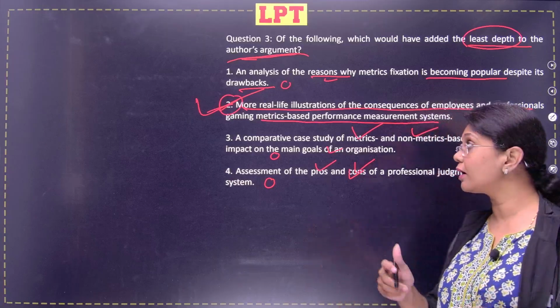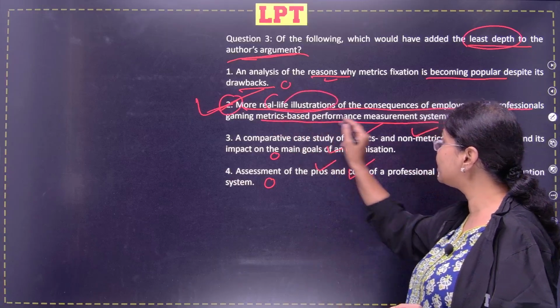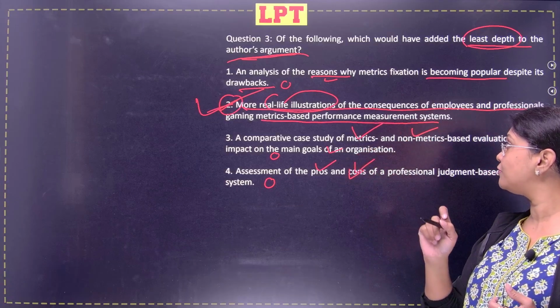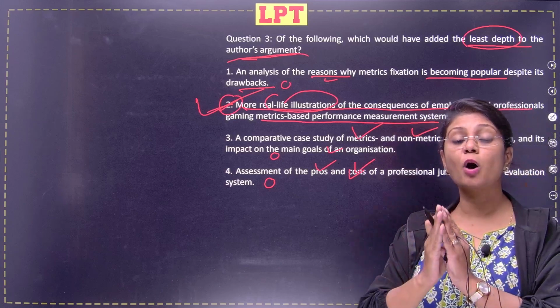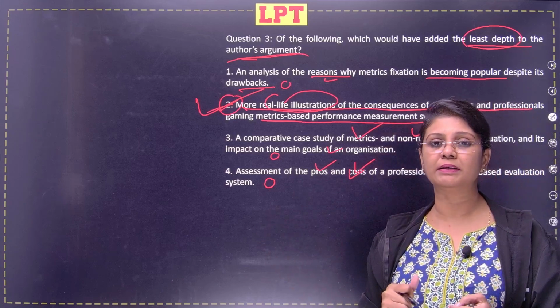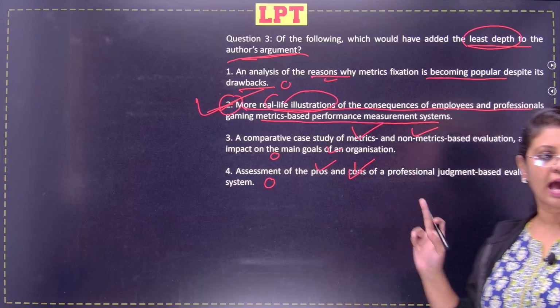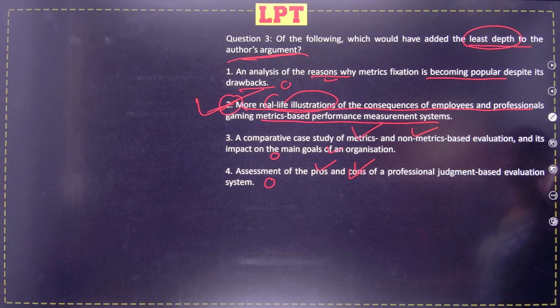The second one is purely based on real life illustrations of the consequences of employees and professionals gaming metrics based performance systems, and this is not talking about the flip side of the metric system. So this would have the least depth to the author's argument, and that is why it becomes our answer choice.